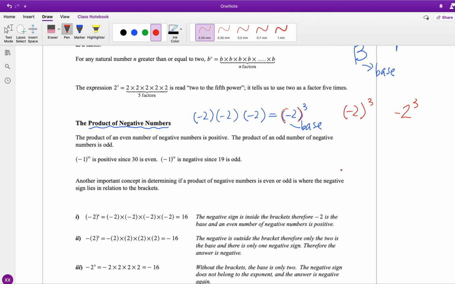negative 2 to the power of 3 does not, oh, this one is equal. As a matter of fact, this one is equal. However, negative 2 to the power of 4 does not equal negative 2 to the power of 4. You see this? When you say it, it doesn't sound like we're talking about different things. It sounds like we're talking about the same thing.